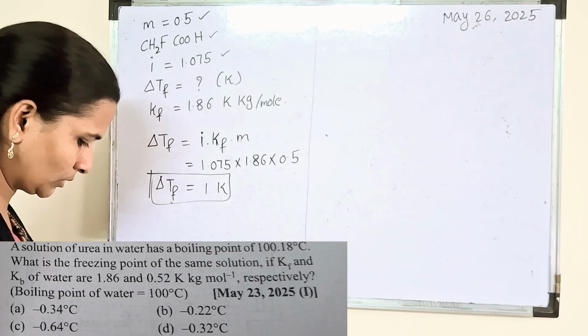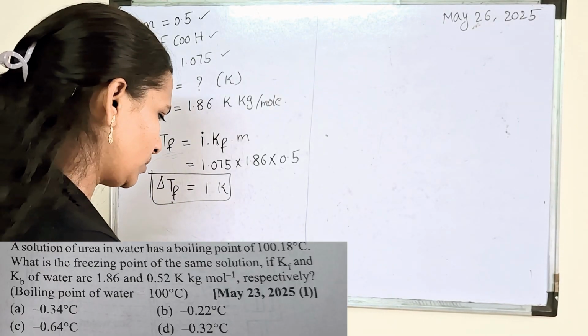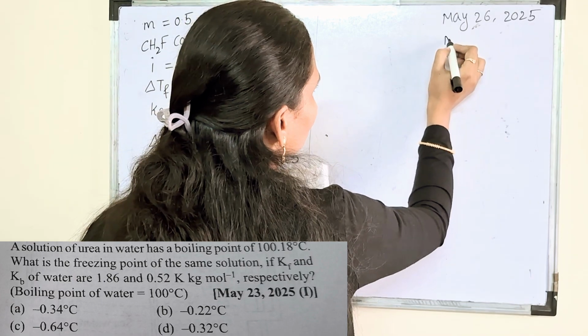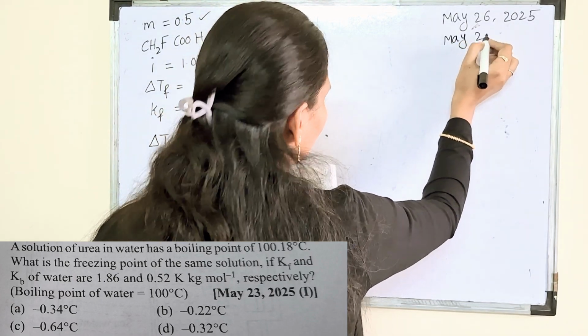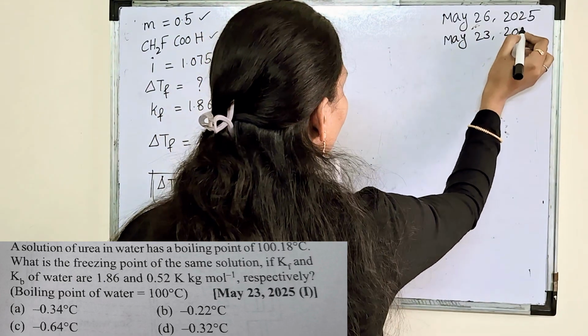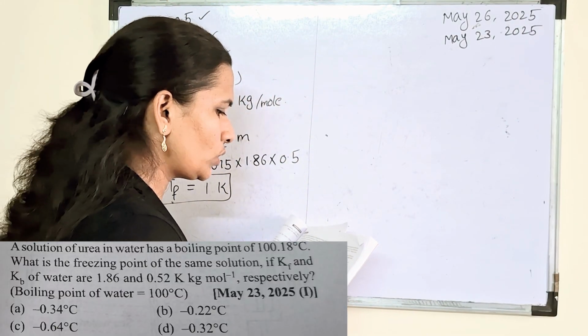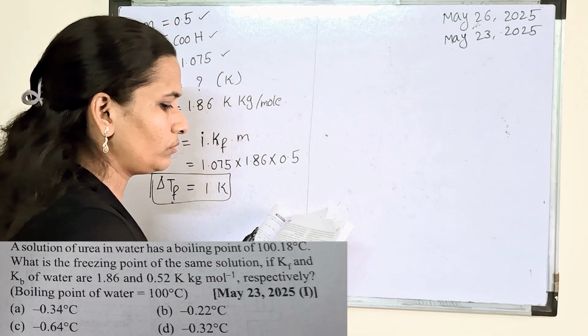Next question. This is from May 23rd, 2025. What does the question say? A solution of urea in water.